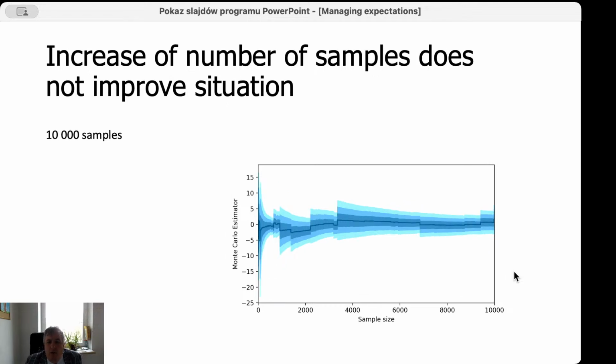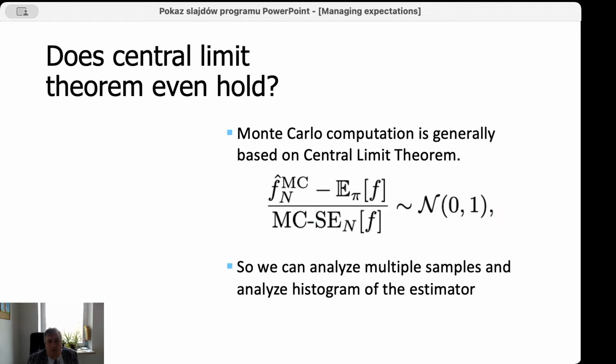Even if we increase the number of samples to 10,000, we will get the same situation here. The uncertainty will not disappear. There will be no convergence of the average of values to some kind of mean.